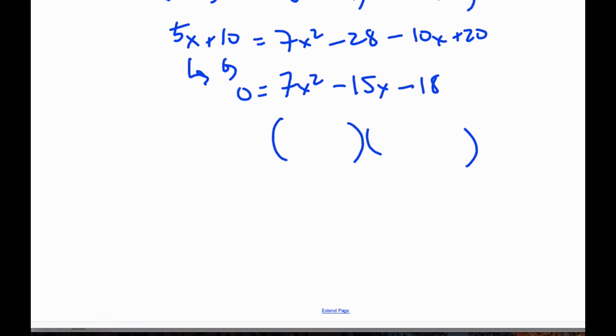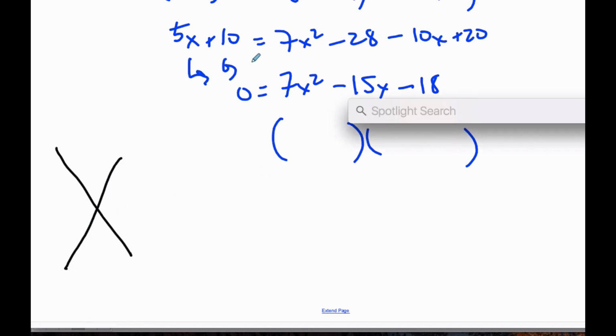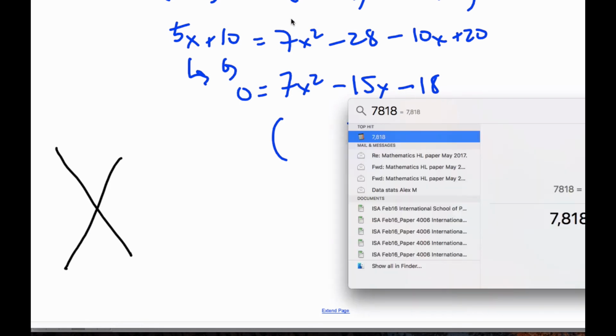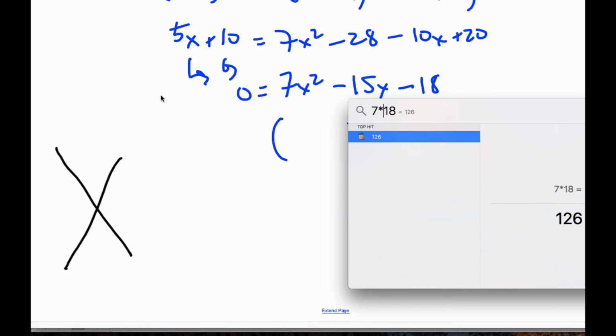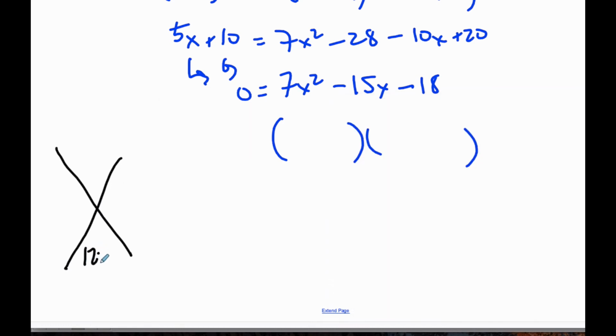But if that's not what you're up for, you can then go and do your x here. And think about what is 7 times 18? Well, 7 times 18. Oh, how about I put a times sign? 7 times 18 is 126 x squared. And I want to get negative 15x.